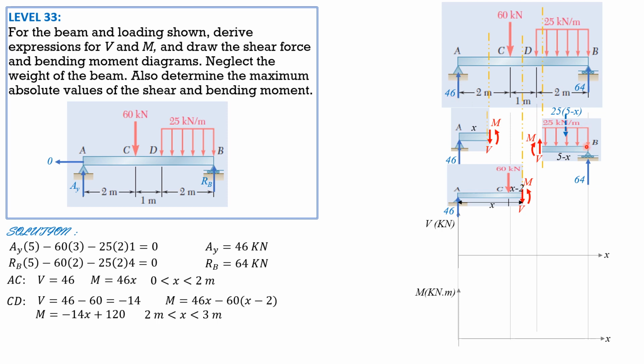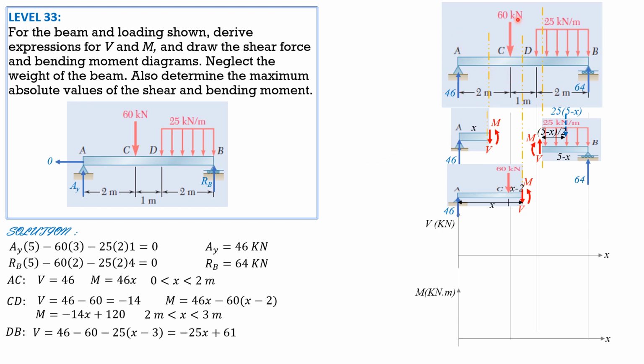By the way, the area is 25 times length 5 minus x. Then this distance is x, 5 minus x over 2. That's 5 minus x over 2. So for dB, the shear is 46 minus 60, considering forces to the left.